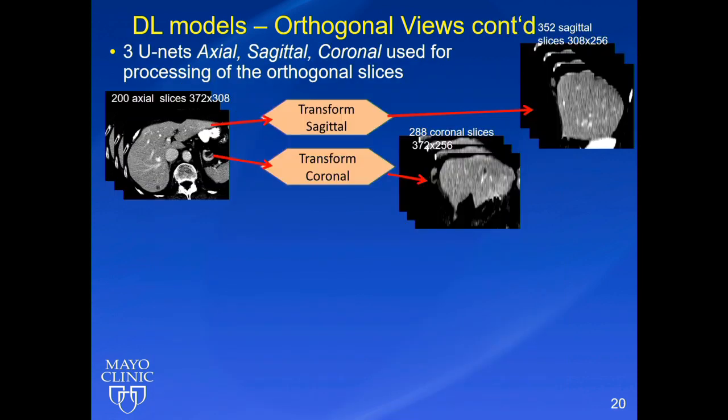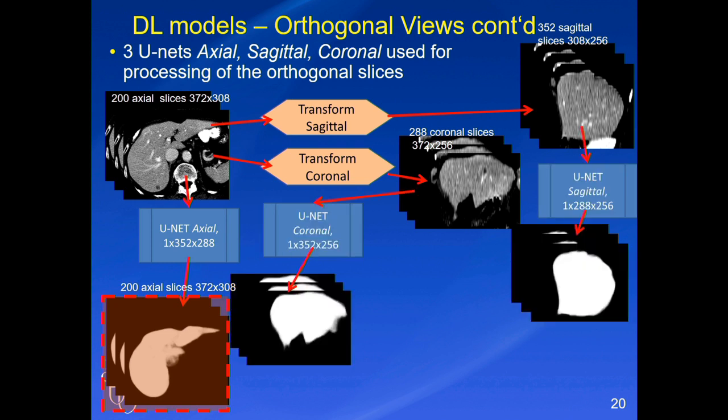Yeah, another important aspect is the incorporation of sagittal and coronal views. So from any volume you can directly transform your orthogonal views and train additional 2 U-Nets for these views.